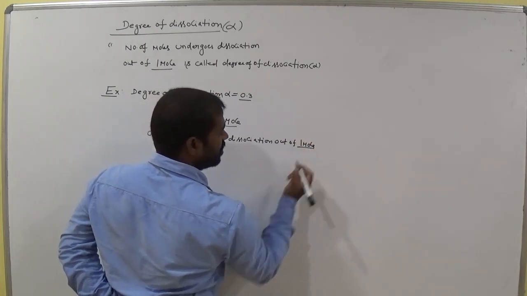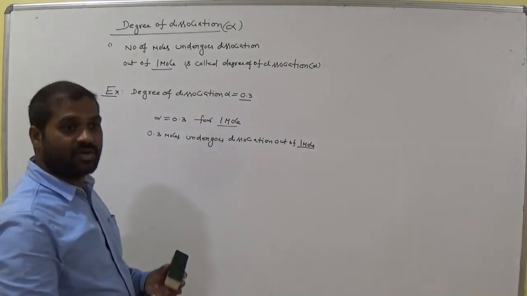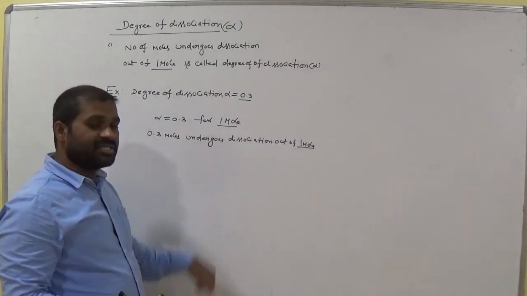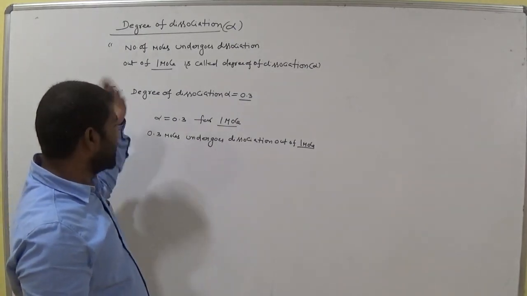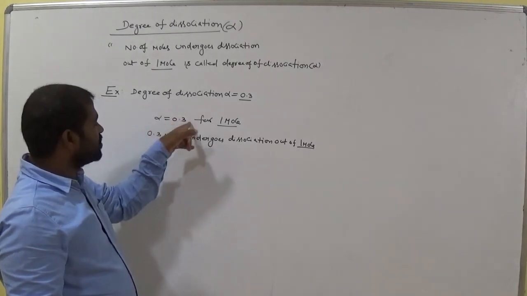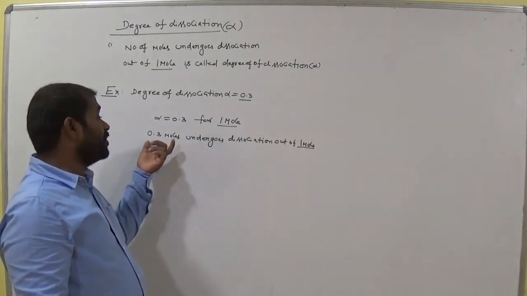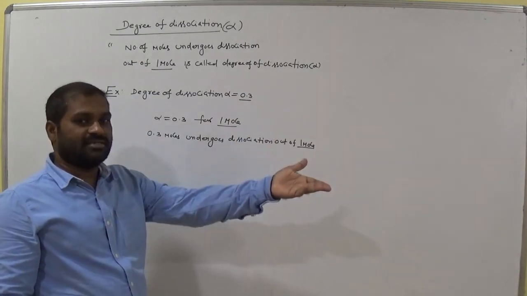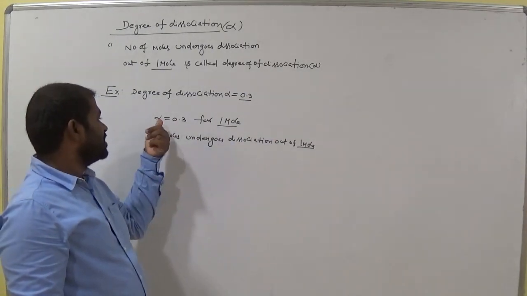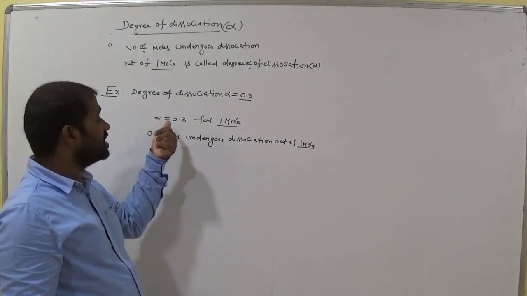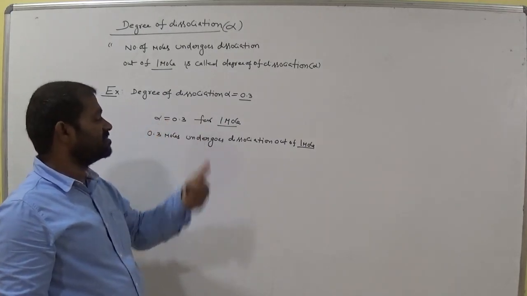We have 1 mole. In that, how many moles undergo dissociation? 0.3 moles. Then what is the degree of dissociation? Alpha is equal to 0.3. Is it clear? We have 1 mole. How many moles undergo dissociation is taken as degree of dissociation, that is equal to 0.3.